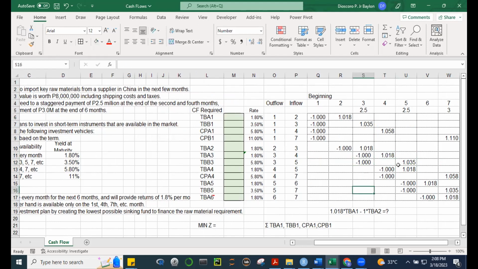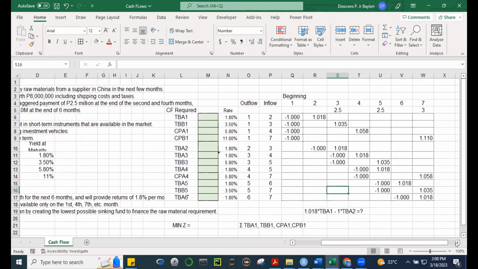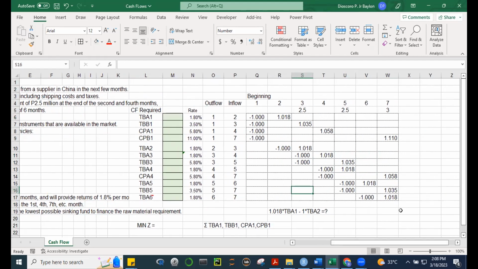Okay. All right. Kindly check, please, if I have made any mistake here. Okay. All right. So I think this is okay now, no? Our factors are okay.